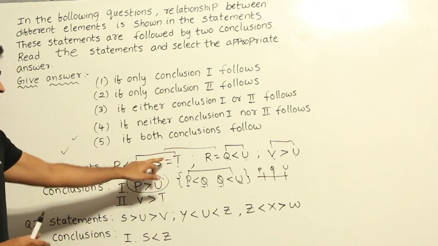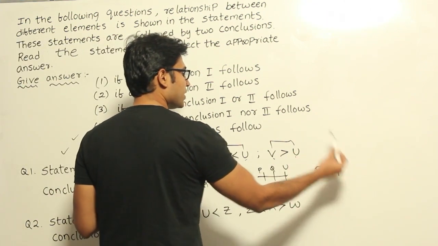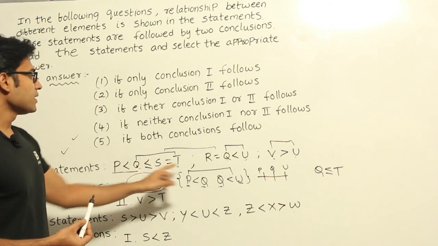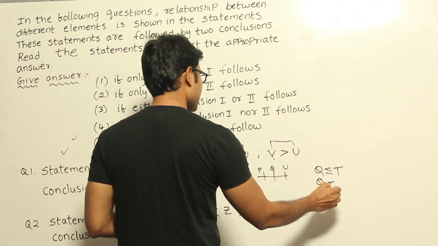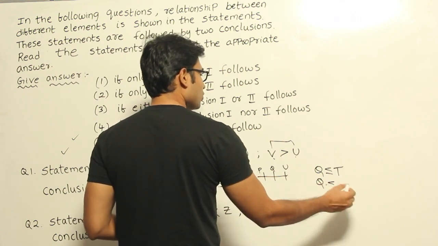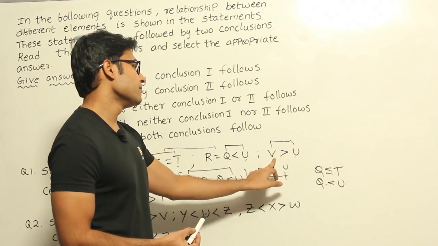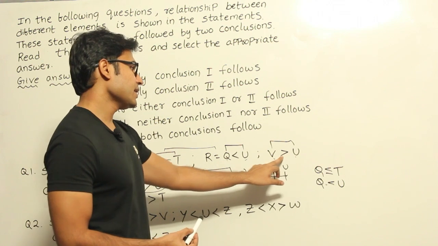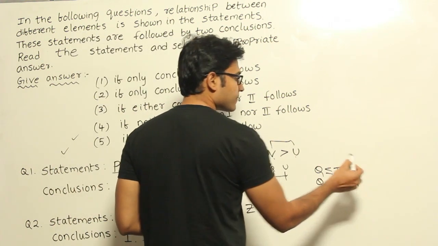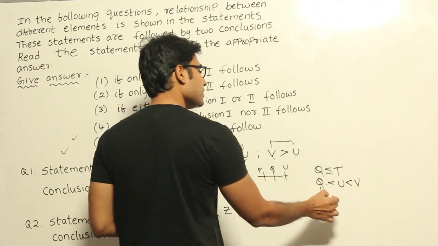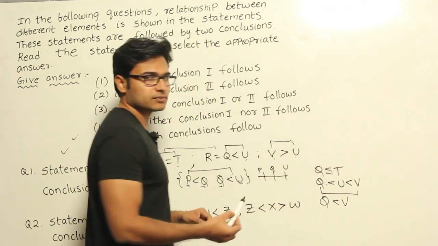Therefore the relationship between Q and T is Q is less than or equal to T. The relationship between Q and U is Q is less than U. And U is less than V. Therefore, what is the relationship between Q and V? Q is less than V, right?